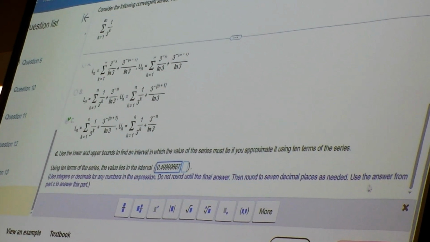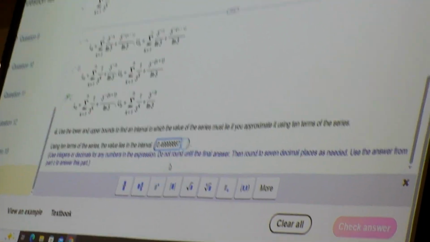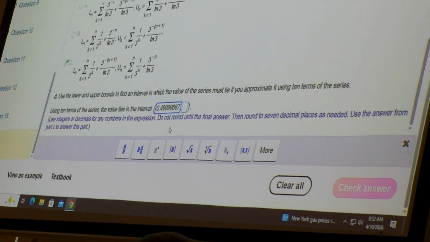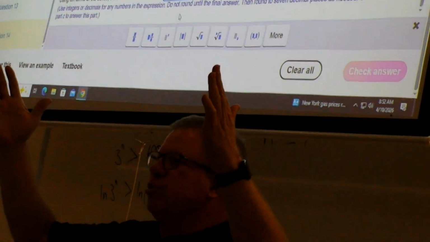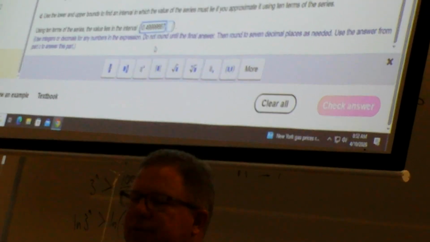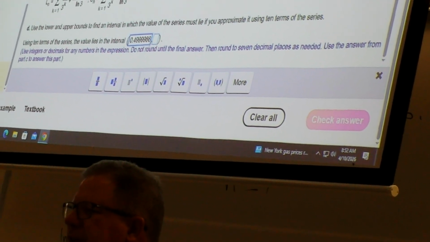Because this is the lower side of the interval, we don't round up. We leave it alone, because that would narrow our interval, which would assume more accuracy than we have. Does that make sense? So take that one off without doing any rounding there.